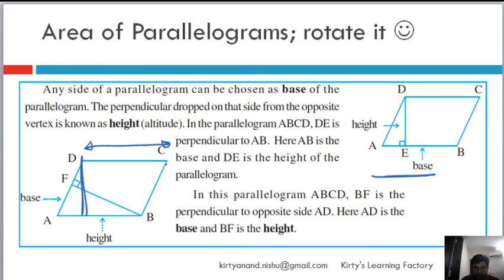If this is the base, then you need to have this height that we have drawn there. So if DA or AD is the base, then BF will be the height. So always understand that the base and the height change, and you can consider any side as base. So that was on parallelogram.